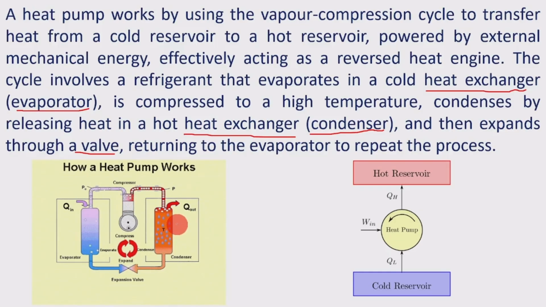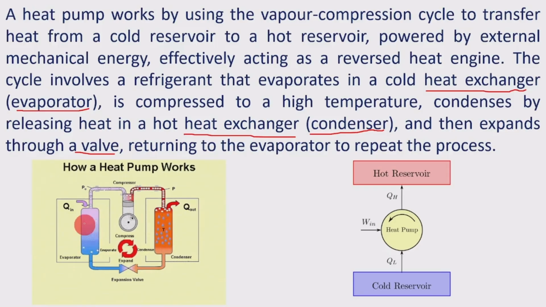Due to that condensation process, it will condense to a liquid refrigerant. After rejecting the heat, it will condense to a liquid refrigerant, and that liquid refrigerant will be expanded in the expansion valve. After the expansion, it will become a lower temperature liquid refrigerant that will move to the evaporator to continue or repeat the cycle.